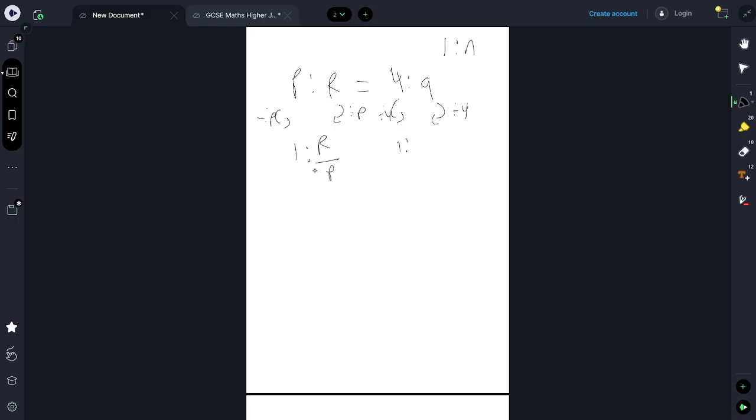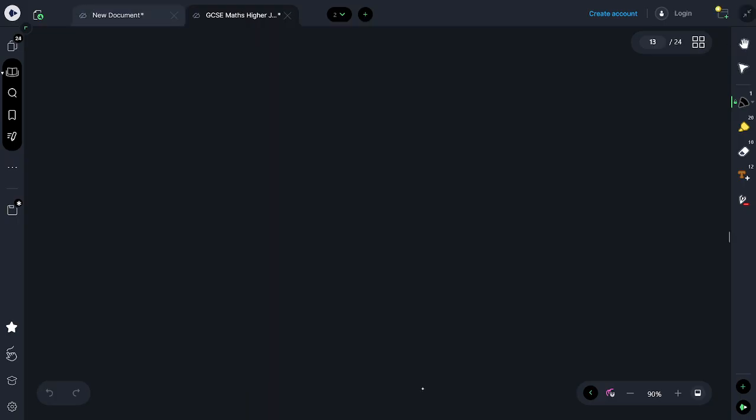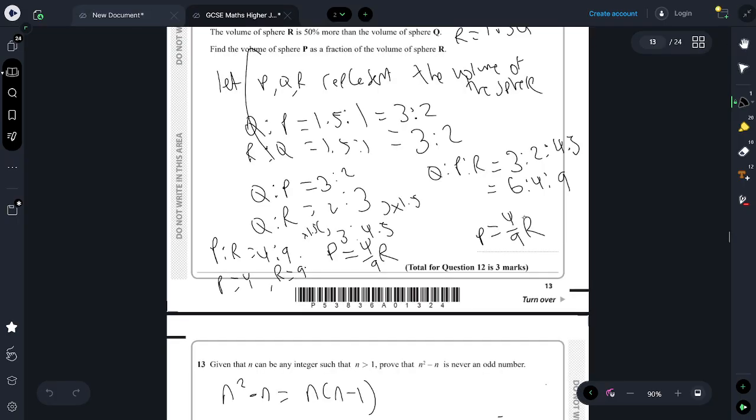So then you're left with 1 to 9 over 4. Now you can directly compare them. Obviously, 1 equals 1, and that means r over p has to be 9 over 4. Then you can cross multiply: 9p is 4r. So that means p has to be 4 over 9r. And that is where that comes from.